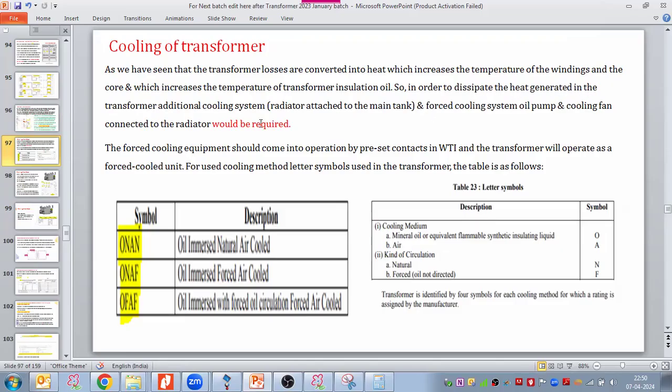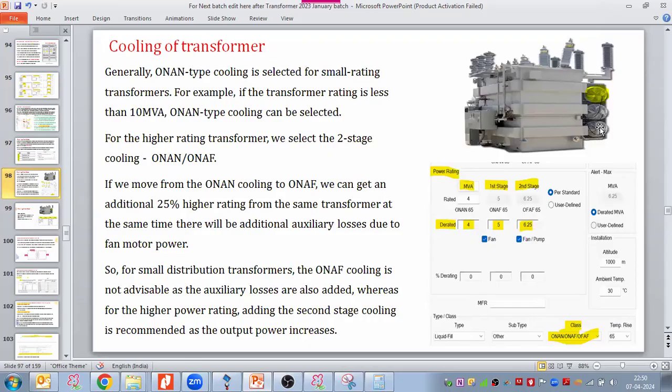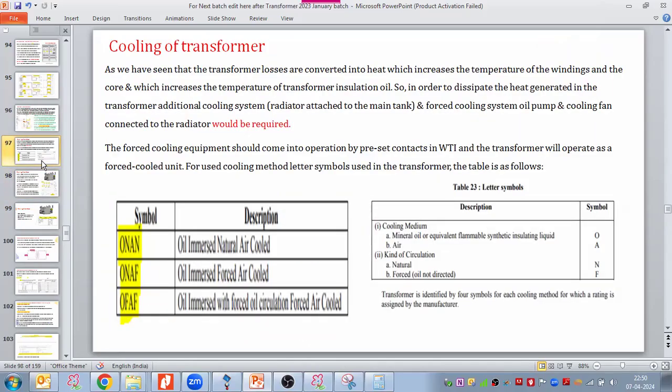To dissipate the heat generated in the transformer, a radiator is attached to the main tank as an additional cooling system, and for forced cooling we can use a pump, which will forcibly circulate the oil. On the radiator we can also attach a fan, which forces air onto the radiators and helps in cooling the transformer.